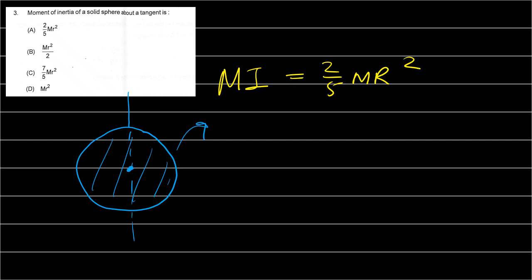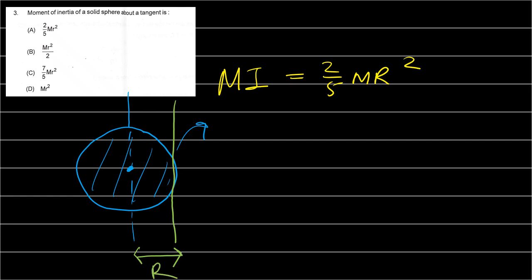But if the axis passes parallel to this initial axis of rotation that passes through the center, but tangent to the sphere, then this distance is the radius r.